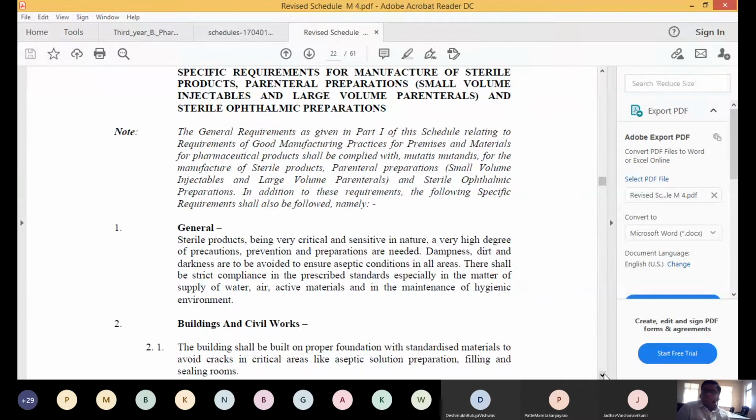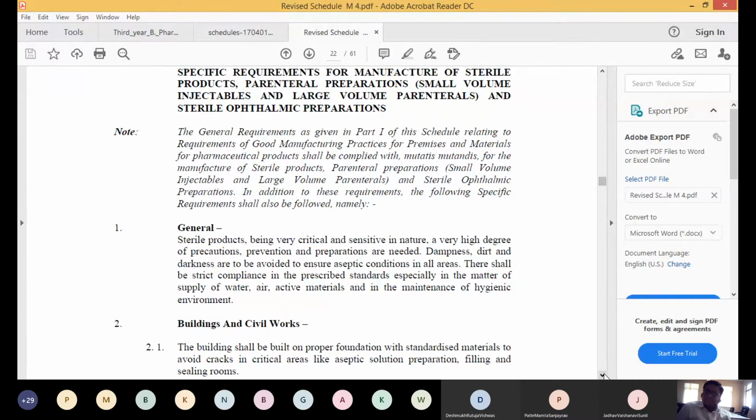While entering into the industry, how to do the clothing, which are the safety requirements, which are the different departments in the industry, which type of formulation they are manufacturing in a particular department, how to take precautions.